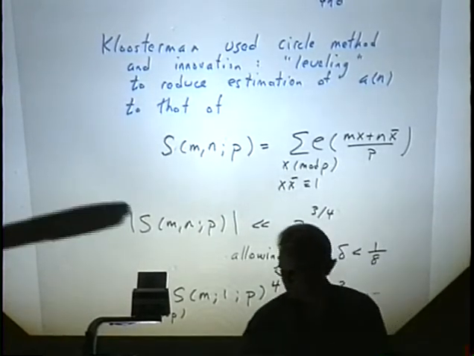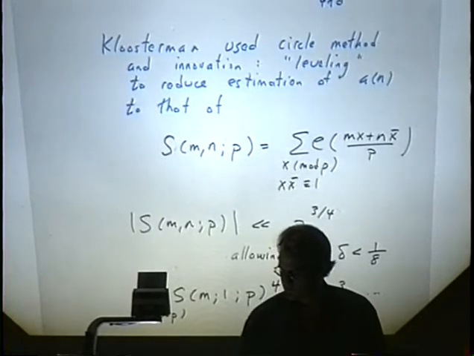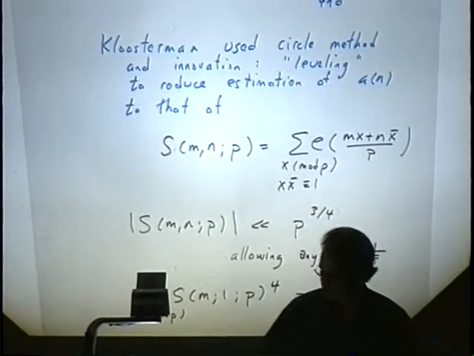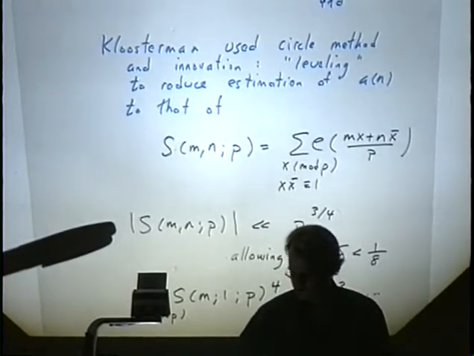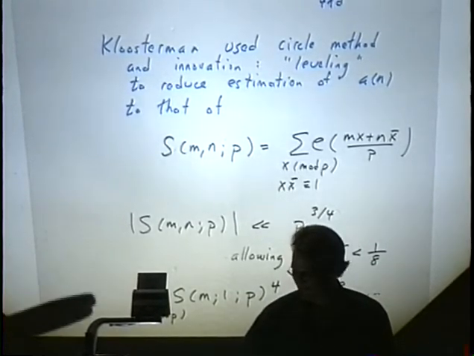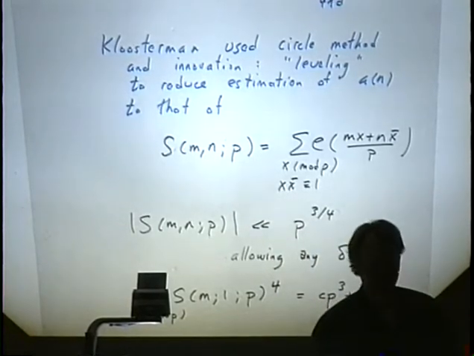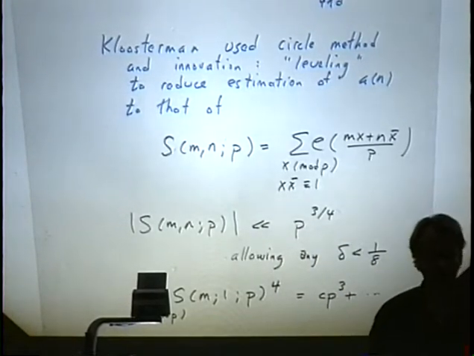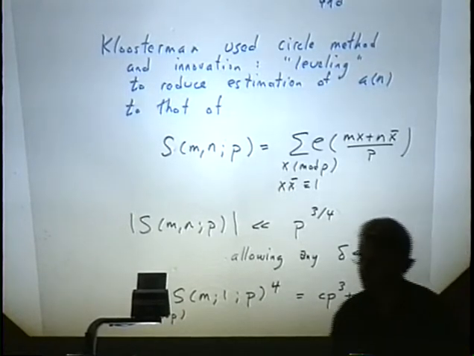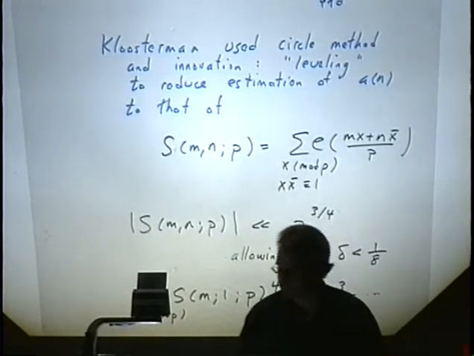And so this was a beautiful, an amazing contribution to the subject. And the way he did this was he used his 10 fingers. What he did is he took the sum of the 4th power of the Kloosterman sum and actually evaluated it. It's something that you can explicitly evaluate, and it's a cubic polynomial in p.